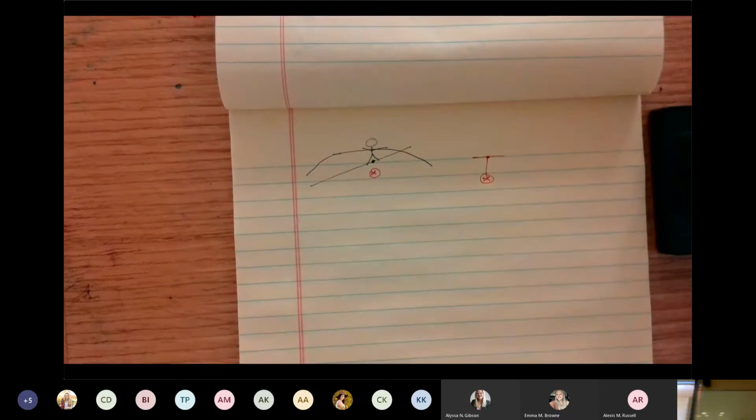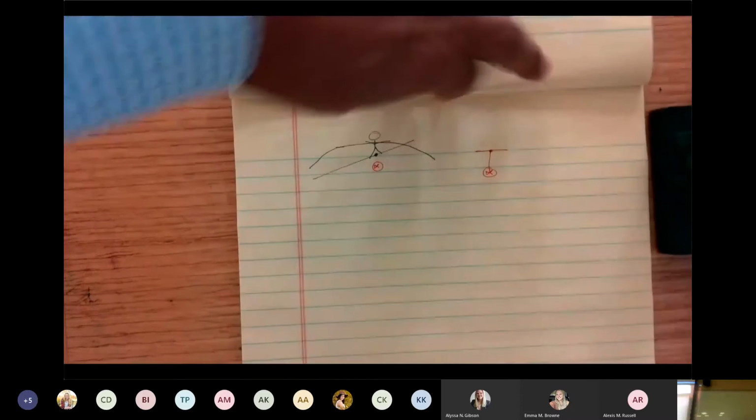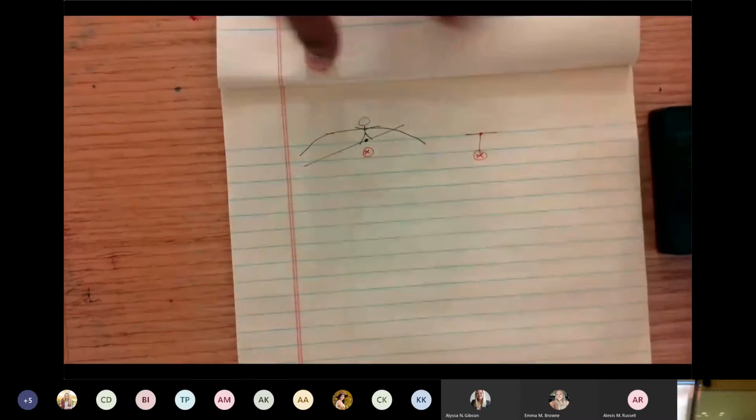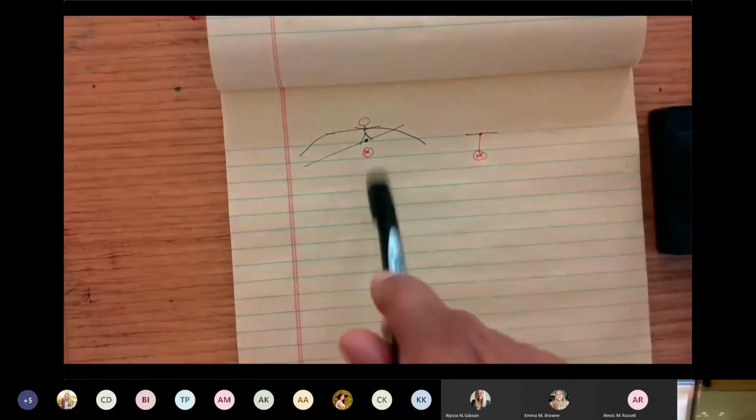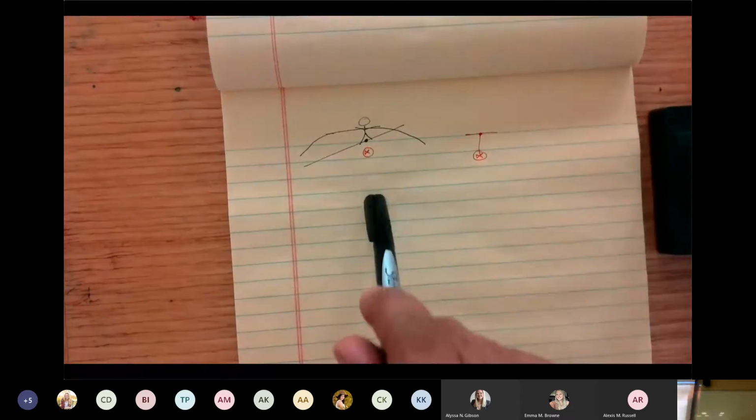Okay. We're going to be talking a little bit more about stability and balance. But I just wanted to give you this, one of the reasons that we care about the center of gravity. It just defines stability.